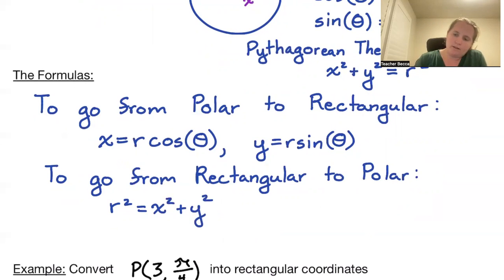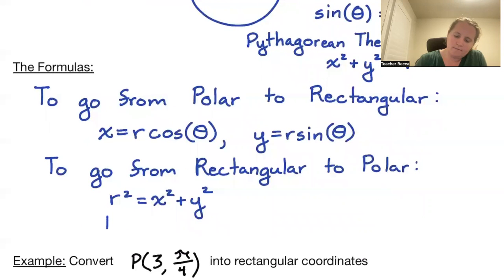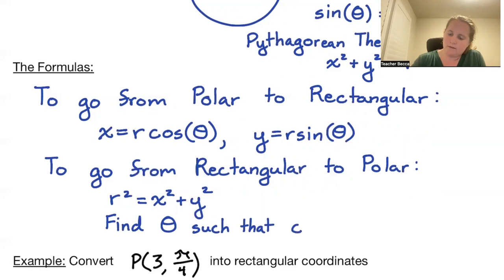And then we need to find theta such that cosine theta is x over r and sine theta is y over r.